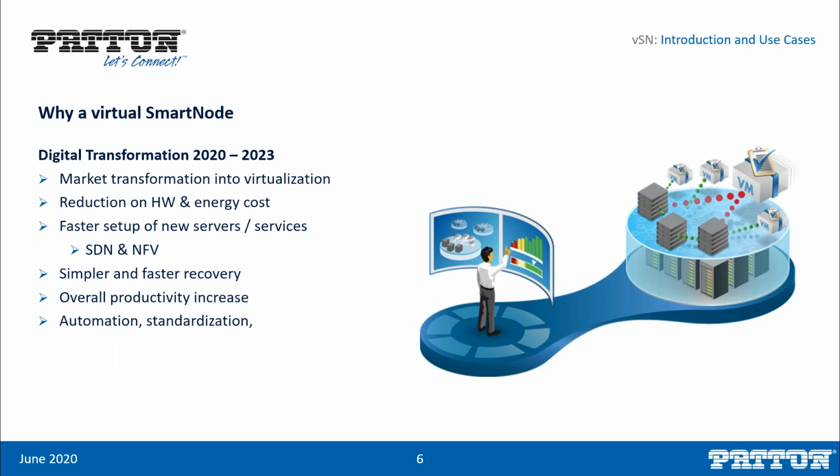But why have we come out to the market with a Virtual SmartNode? It's basically because of how we see from the Patton side the digital transformation progressing these days. Everything is going into virtualization, virtualized hardware, virtualized infrastructure, I should better say. And this started a few years back already.